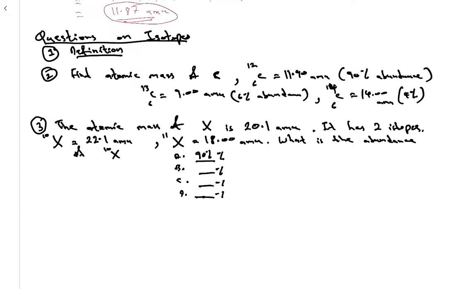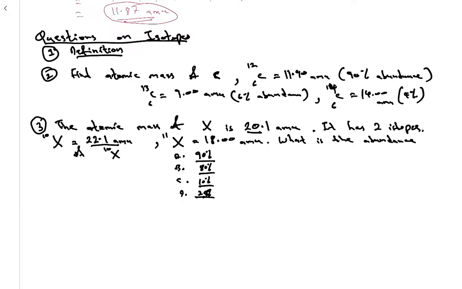Say for example, they give you 90%, 80%, 10%, and 25%. Now looking at the problem, you will notice that the 10X is 22.1 and the average is 20.